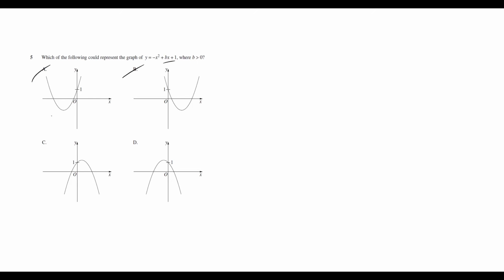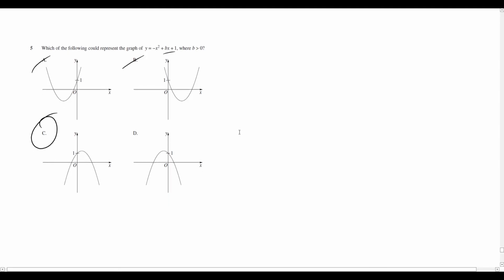You should be comfortable with your quadratics, your parabolas, your cubics, your sine, cosine, hyperbolas, exponentials, and logarithms. I might be forgetting a few, but I think that's the majority of the graphs you should probably know before going into your HSC. So our option here will be 5C, and there we are.